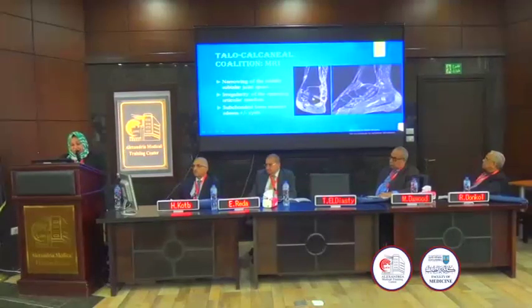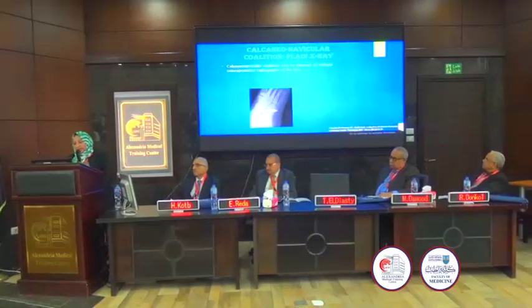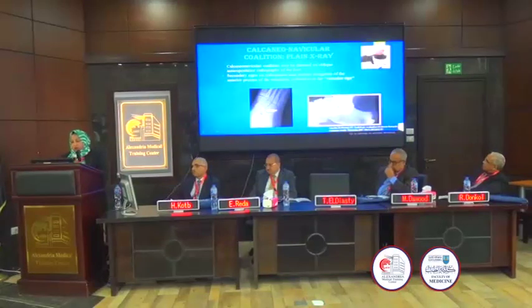Now we move to the calcaneonavicular coalition, which can be detected on an oblique anteroposterior radiograph of the foot, or we have a secondary sign on the lateral radiograph, which is the elongation of the anterior process of the calcaneus, which we call the anteater sign.